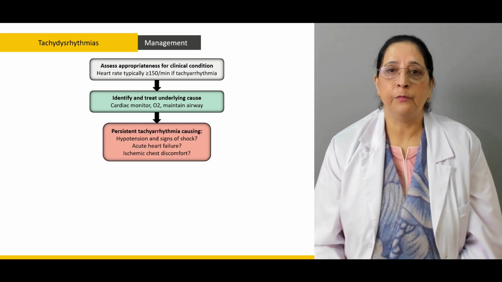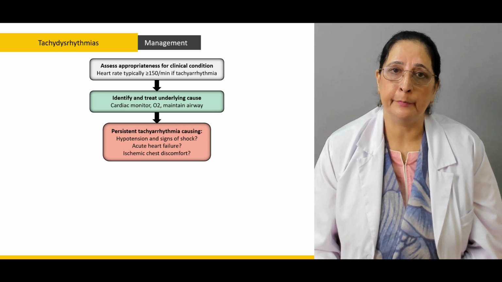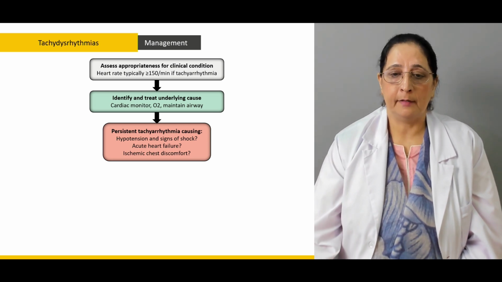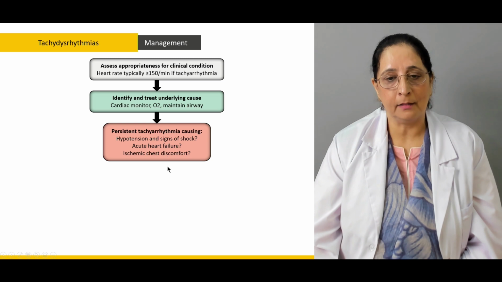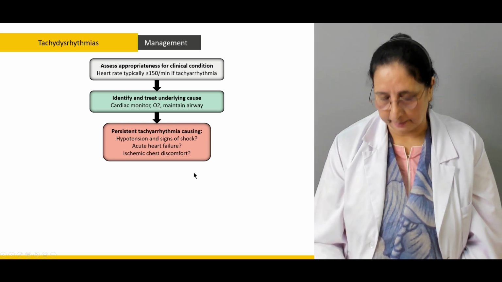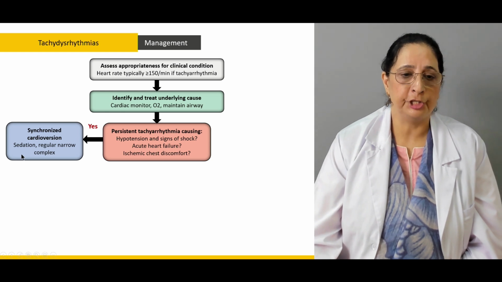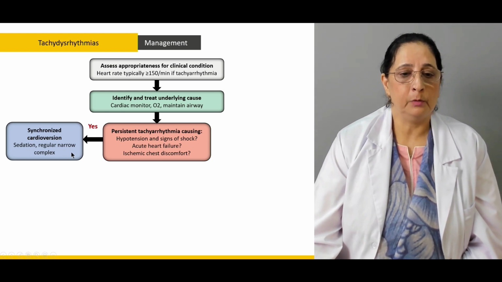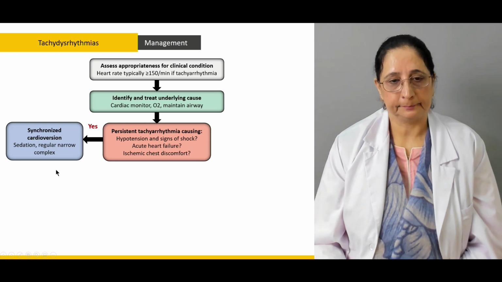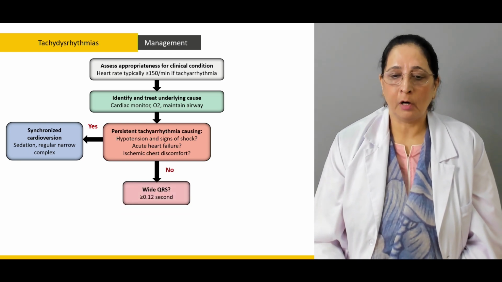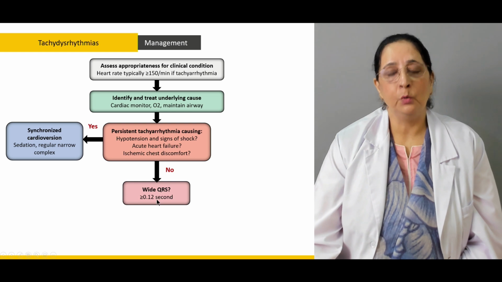Look again for signs of hypotension, shock, acute heart failure, or ischemic chest discomfort. If present, then we should go for cardioversion with sedation. Regular narrow complex. If not, look at the QRS.